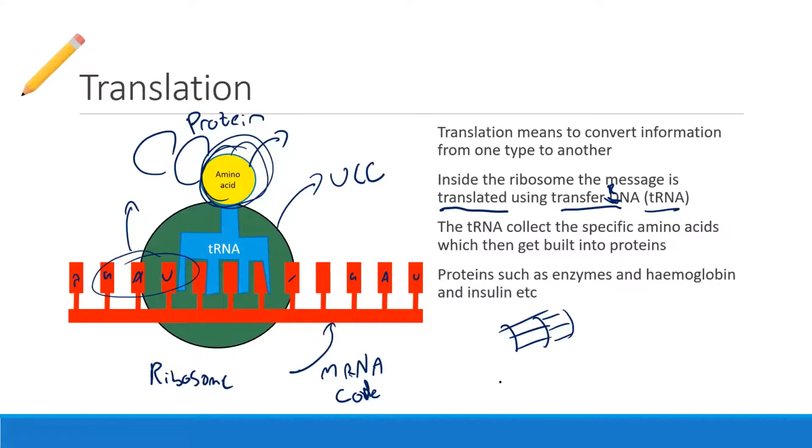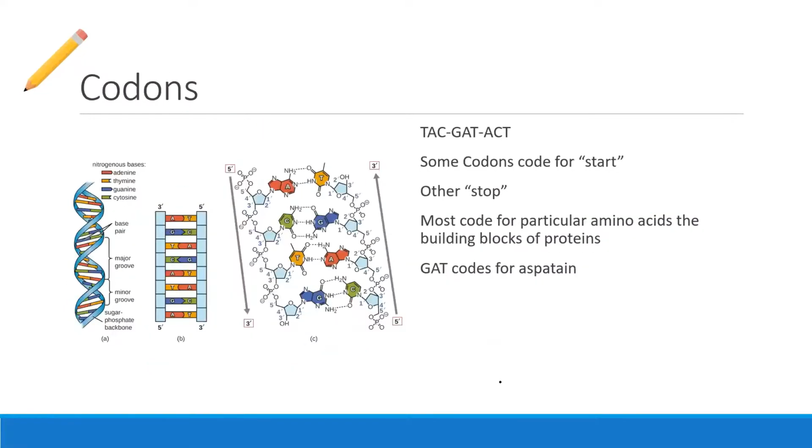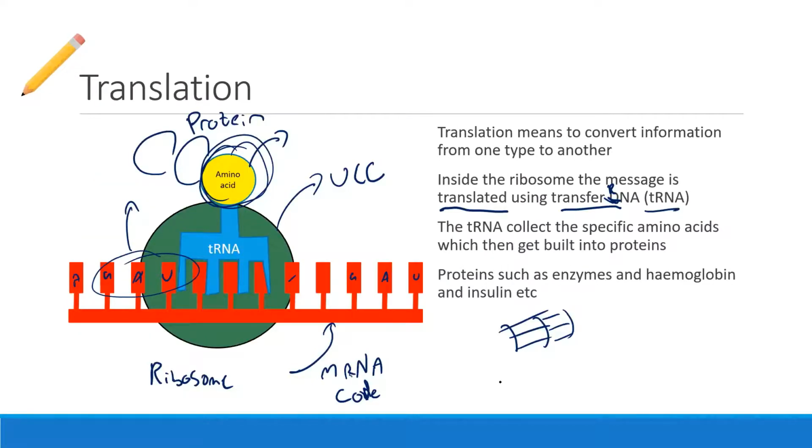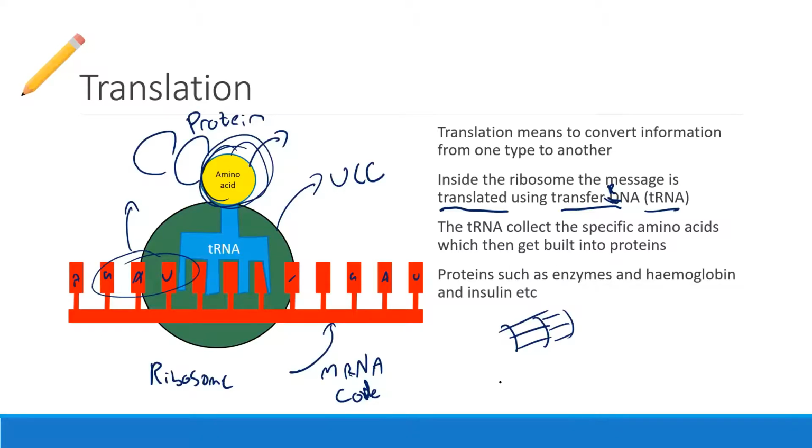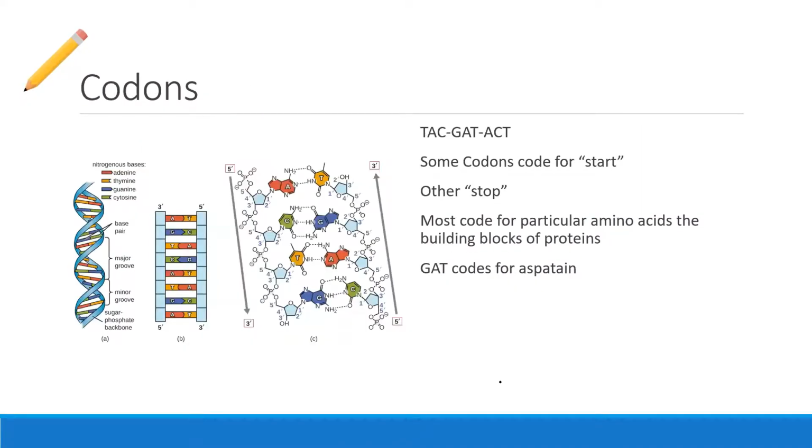Now, I'm going to come back to this idea in a little bit, but I'll move on for the moment. I wanted to talk about those codons. So I said they come in 3 letters, right? So those 3 letters might be TAT or GAT or ACT.